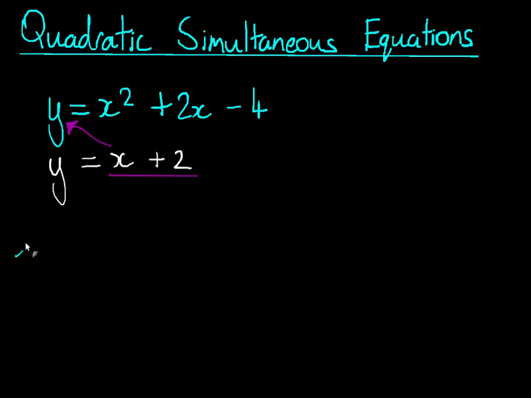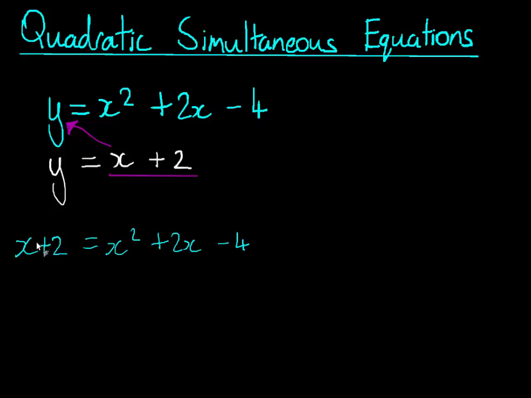So instead of writing y equals, we can write x plus 2 equals x squared plus 2x minus 4. And for each of these quadratic simultaneous equations, we're going to try and do that same first step. We're going to try and substitute the linear equation into the quadratic. That's what we've done here.